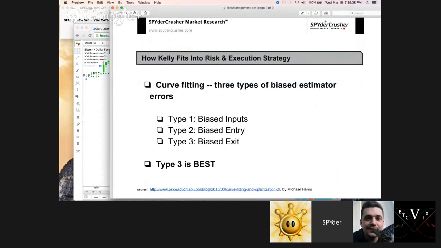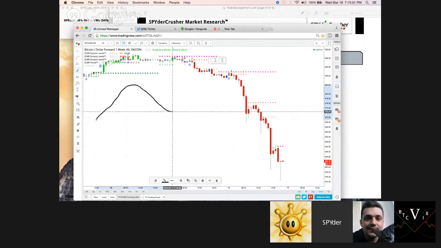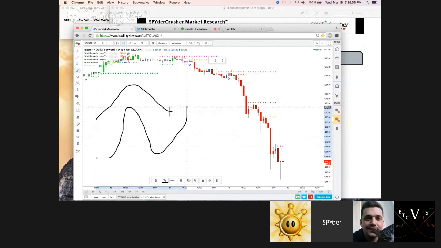But there's 3 types of biased estimator errors. Keep in mind that all this data, these are all descriptive statistics. They're all point estimates somewhere on a spectrum. We don't know if the spectrum looks like this, or if the spectrum is out here, or if it's like this with a huge fat tail. So anyways, that's what we're trying to put a handle on.